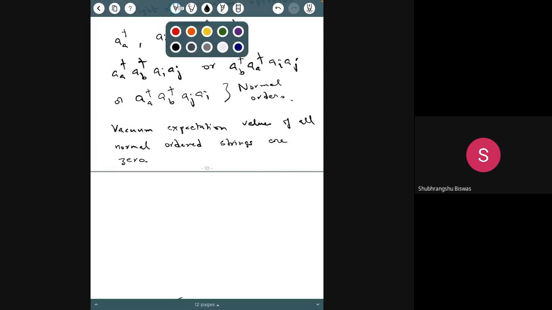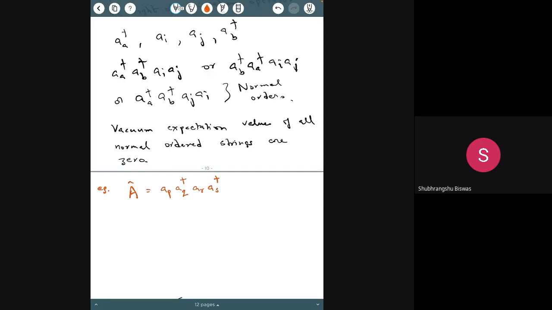So if I have an operator string a_p, a_q†, a_r, a_s†, then if I want to write it in normal order, let's say I shift these two first.